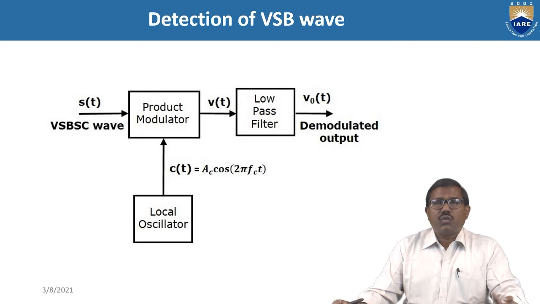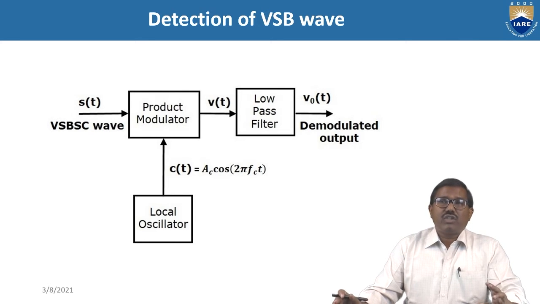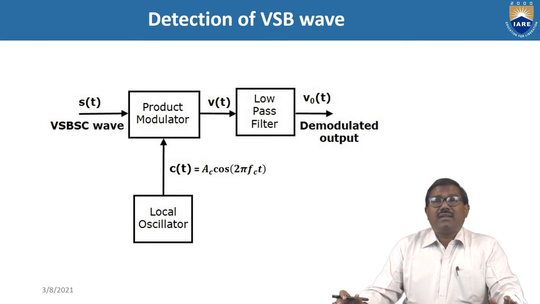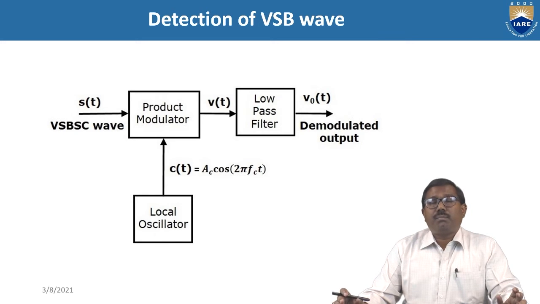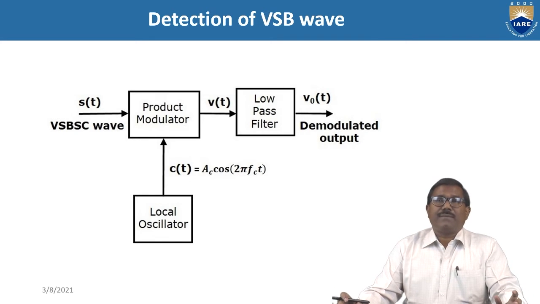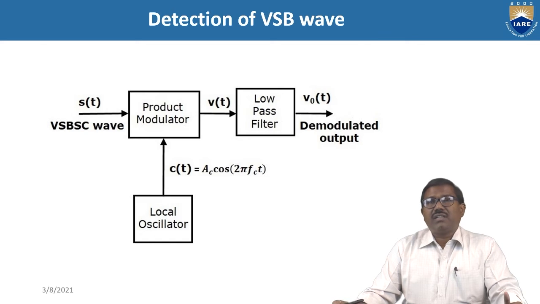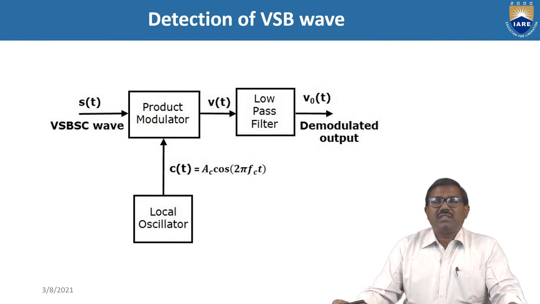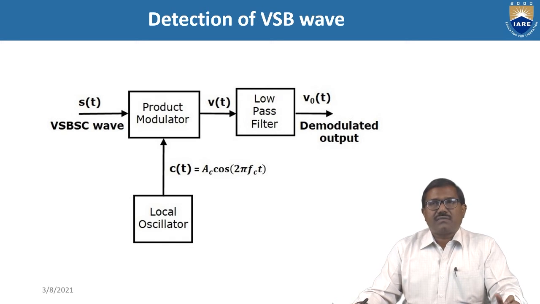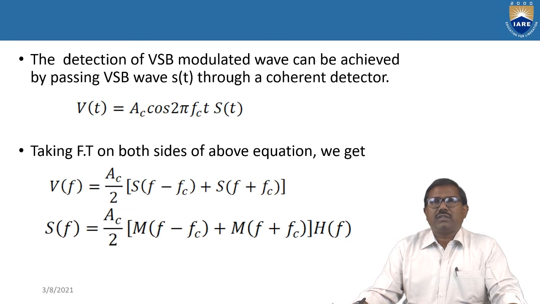Whereas in generation we used the sideband shaping filter, because we require the full part of one band and some part of the other band, in the detection we use a low pass filter, which allows only low frequency components. Finally we get the demodulated output.